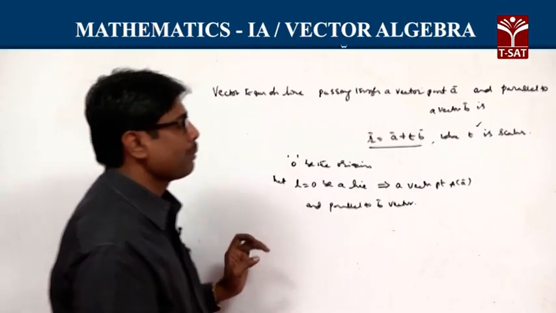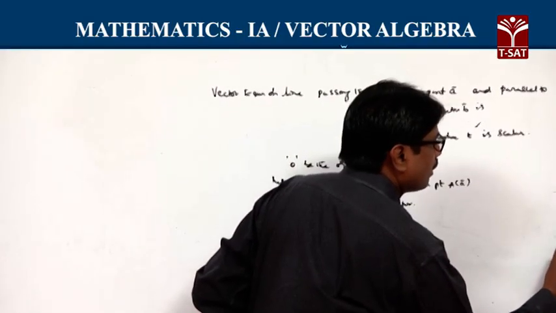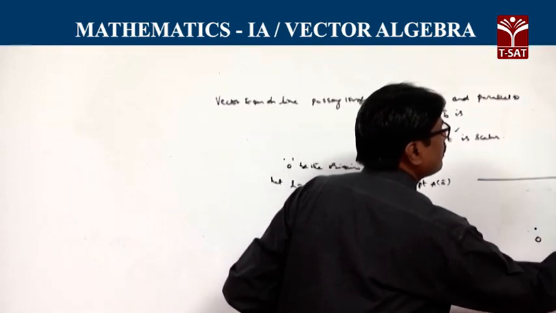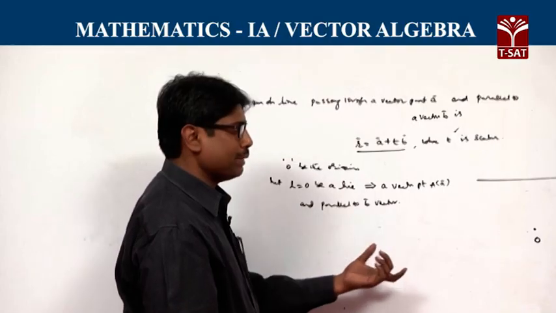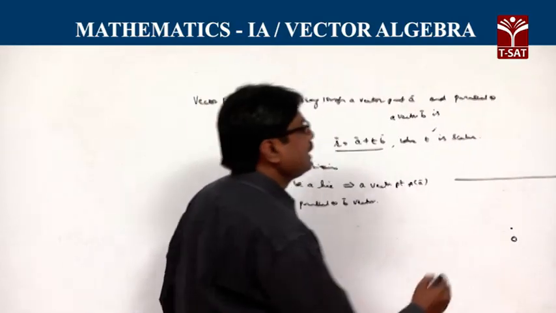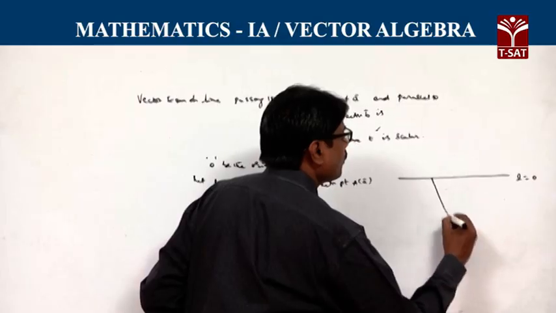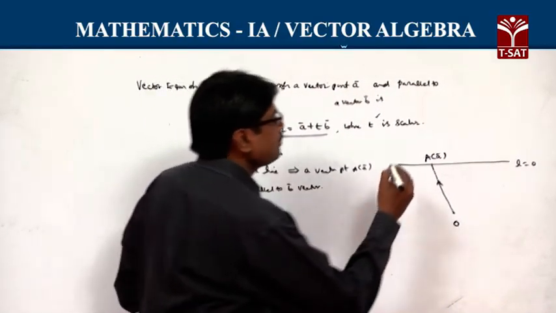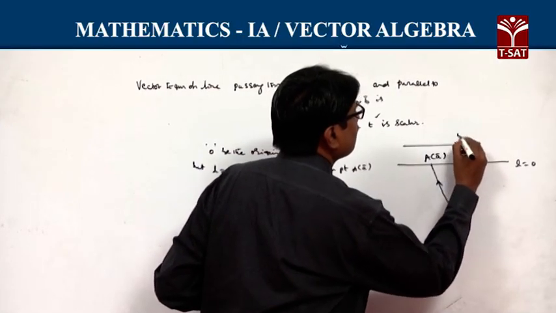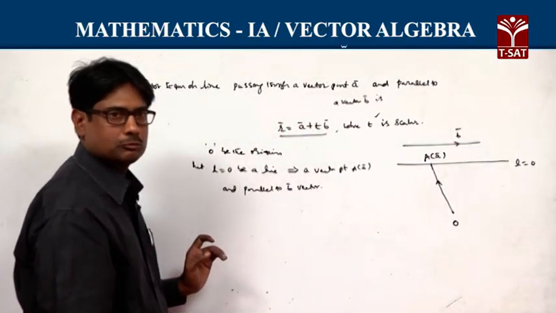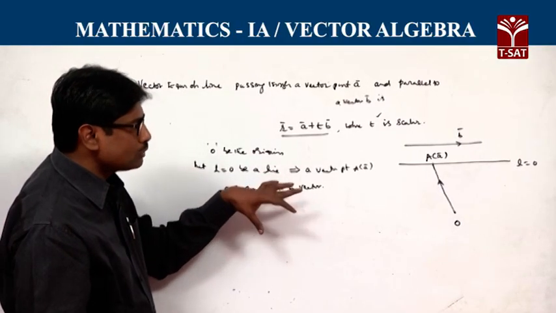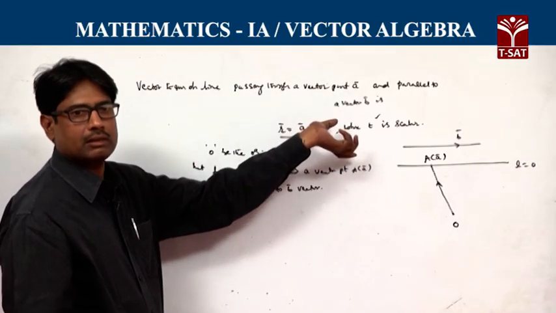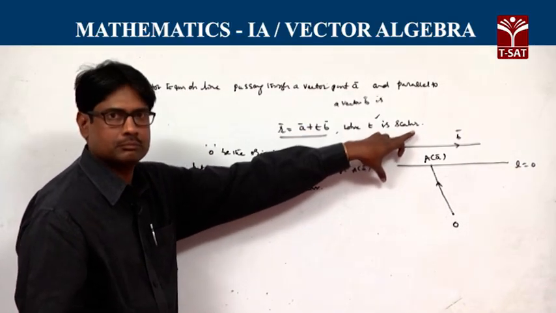The origin may be on the line or outside it. O is the origin, and this line passes through the vector point A bar and is parallel to the vector B bar. That equation we are going to find.